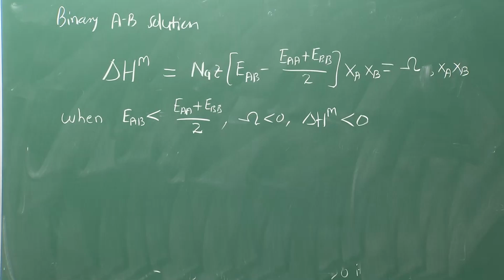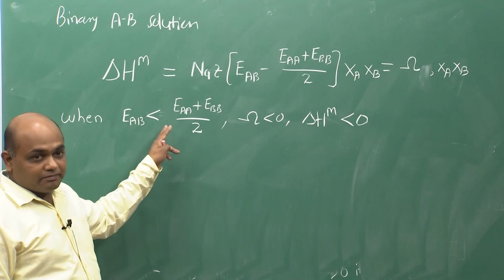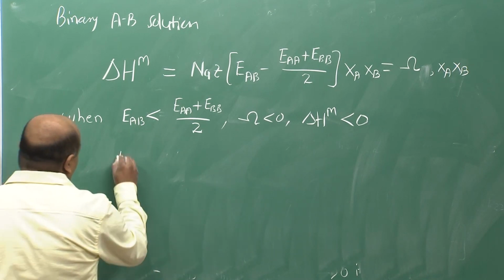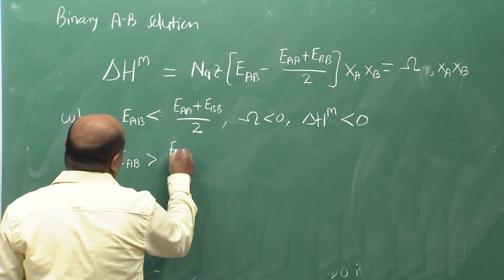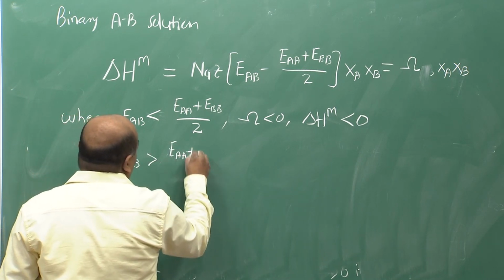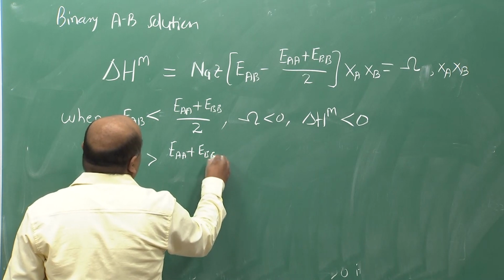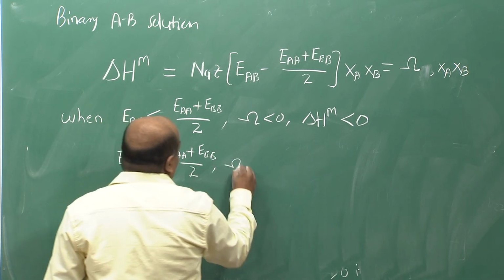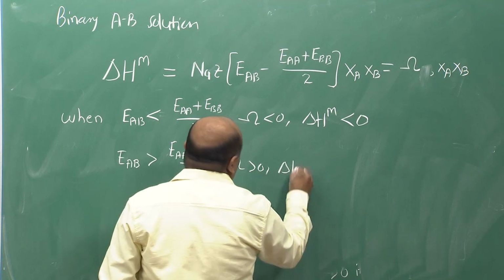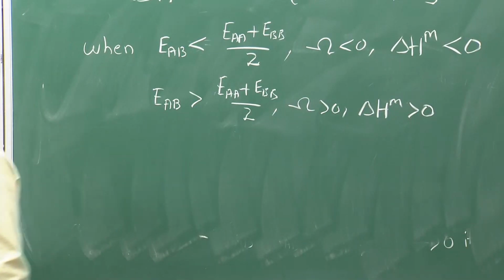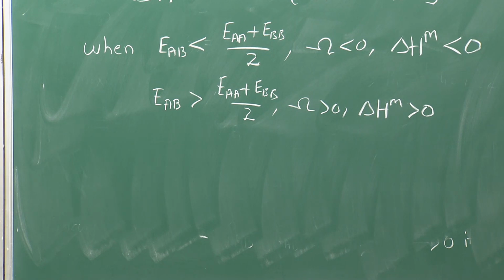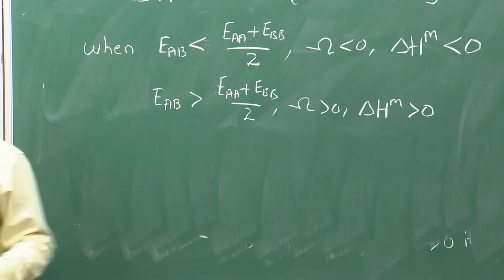Similarly, if EAB is greater than the average of AA and BB bond energies, then omega is greater than 0 and delta H mixing is greater than 0, which means heat will be absorbed during the process of mixing. Physically, it is obvious, right.